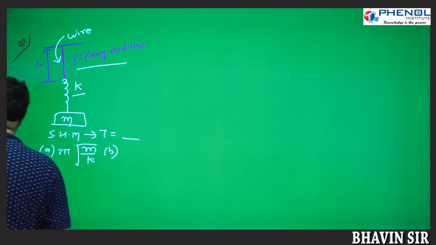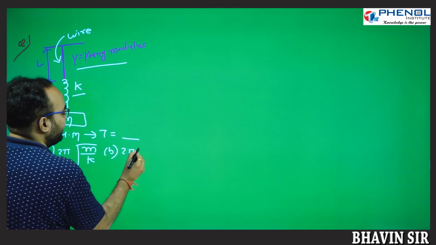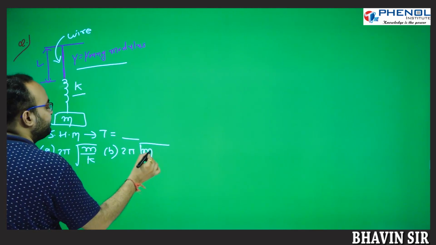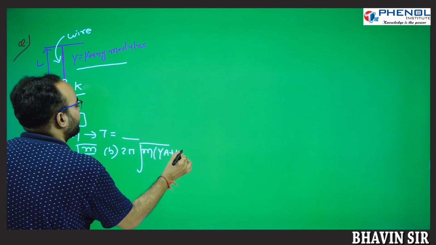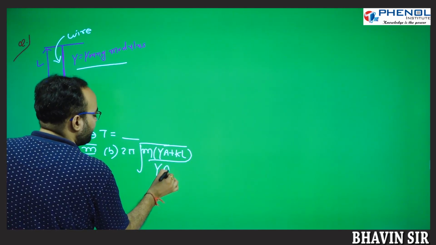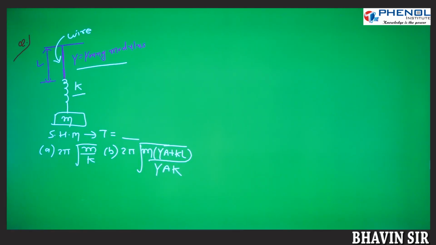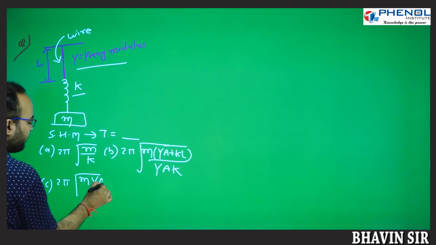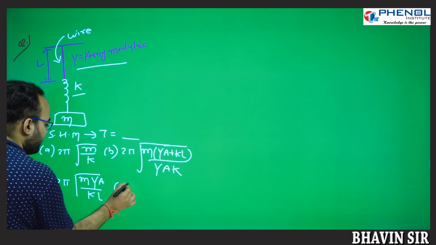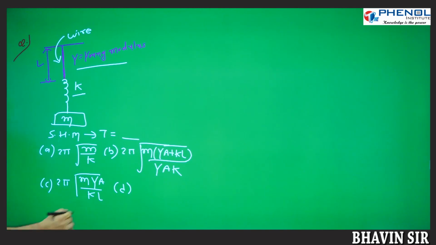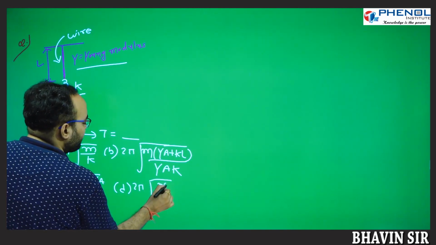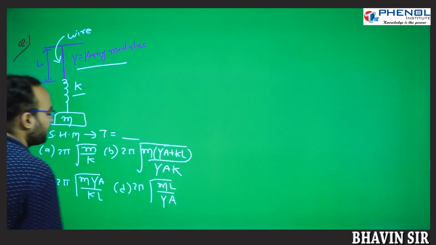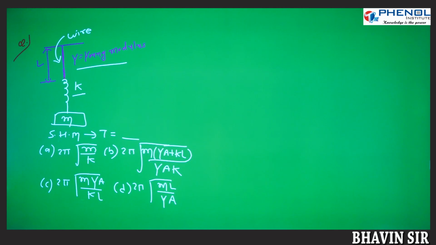Chalo, so T is equal to, what are the options? First option: 2 pi under root m by k. Okay students, so we want to find the correct option.